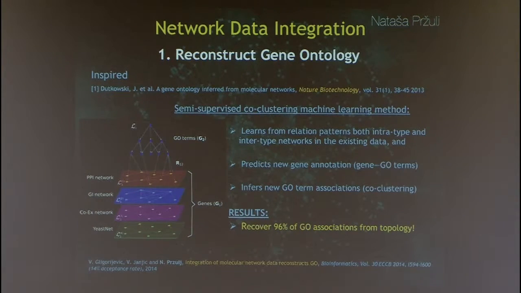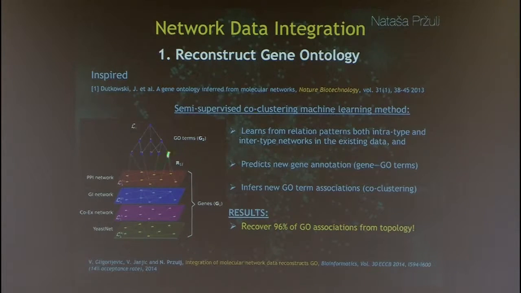Another data type is GO terms. So we want to simultaneously co-cluster these 2 data types based on the evidence from all these data. So our method learns from relation patterns both intra-type, within one data type, and across different types. So this is across these annotations, and predicts new gene annotations.